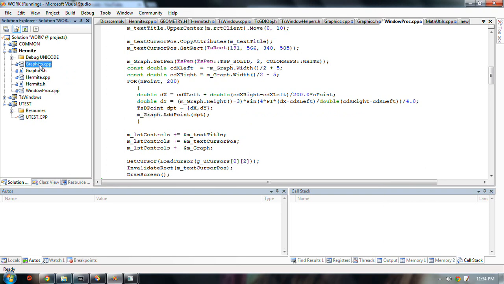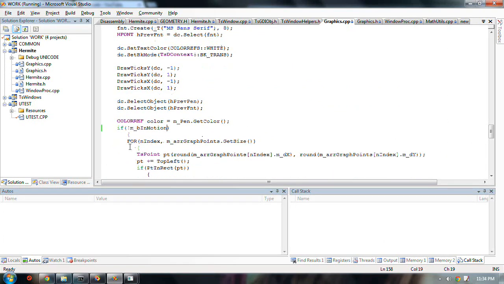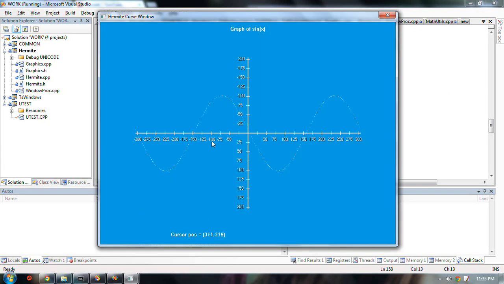Now the way that works. Now there's this B in motion. I'll get to that in a minute. Draw the axes. I make a thin pen for drawing these numbers because the regular font is just too thick. They get in the way.